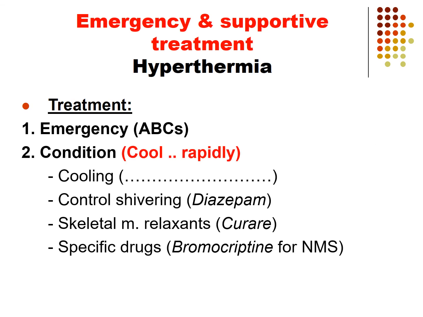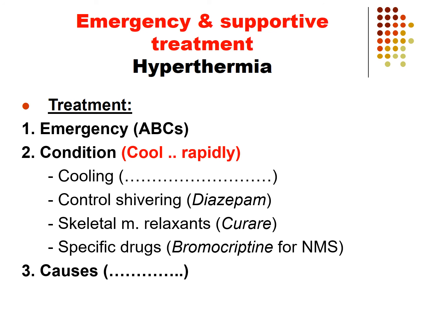A patient in hyperthermia needs to be cooled rapidly. Rapid cooling by every way. During the cooling process, the patient may get shivering, and you have to control shivering to avoid generation of heat from the muscle action. Use skeletal muscle relaxants, small doses of diazepam, for example.